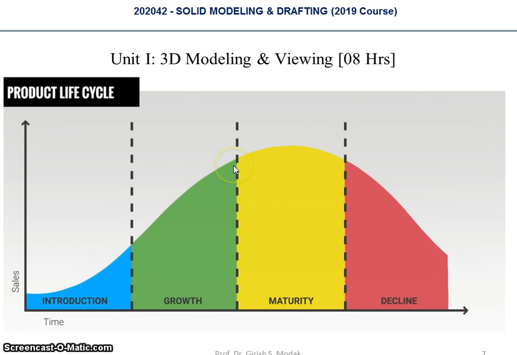Then it reaches maturity. In growth, demand is more, supply is less. In maturity, demand and supply are matching. And in the decline phase, production is more than demand, so gradually you need to reduce the production. So the product enters the decline phase, and finally it goes out of the market.